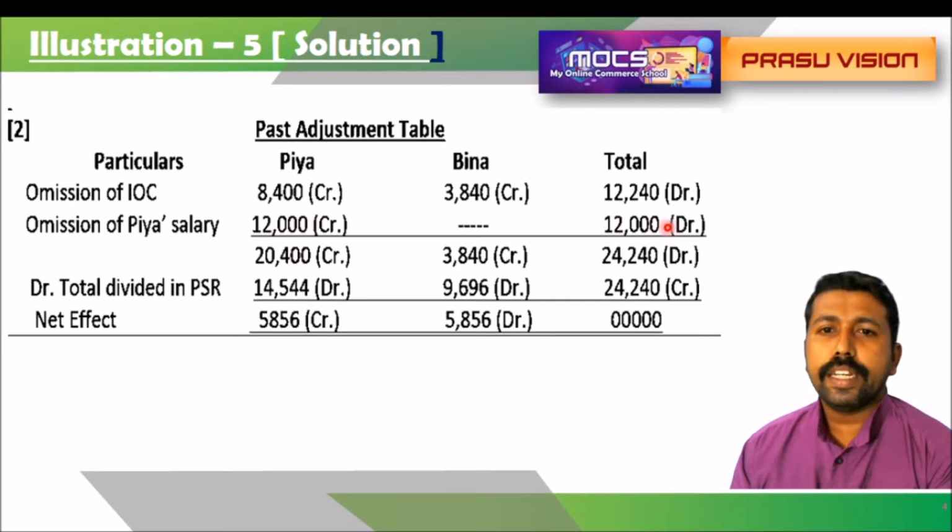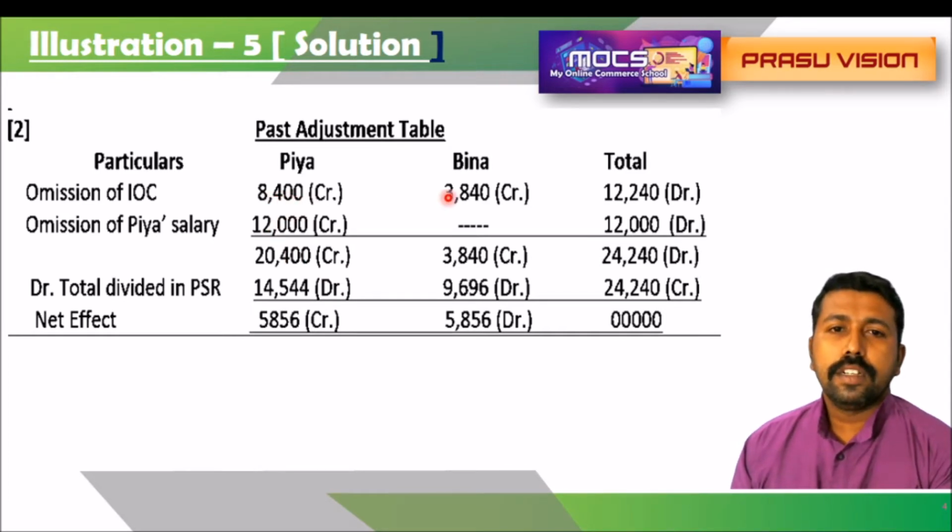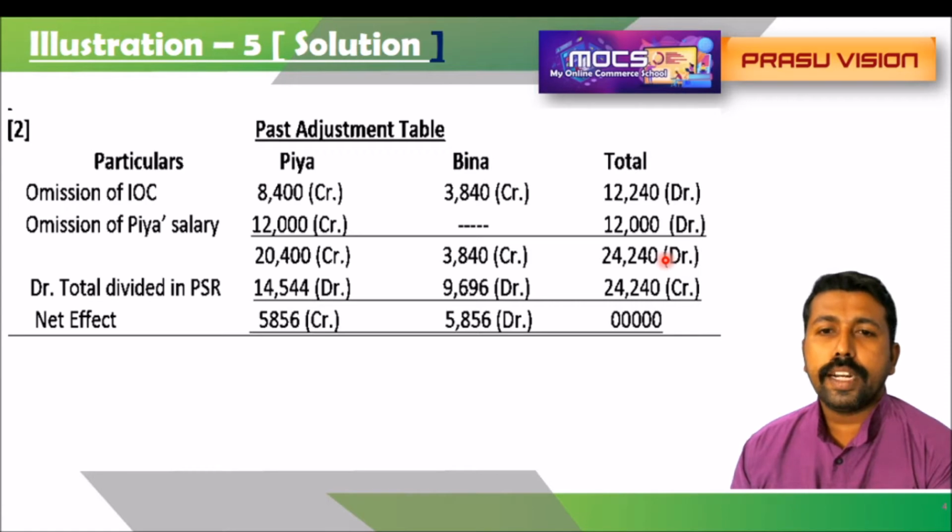That is also written here. There is no salary or commission for Beena. Then we find the total, 8,400 plus 12,000, 20,400. Here there is no item to add for Beena, so we write 3,840, and the total is 24,240.